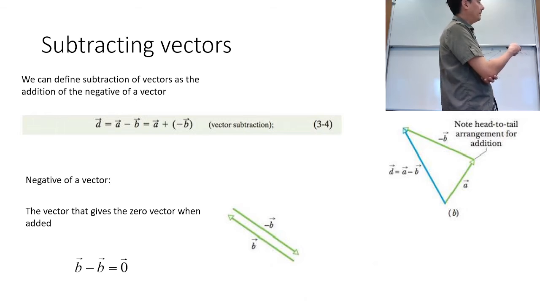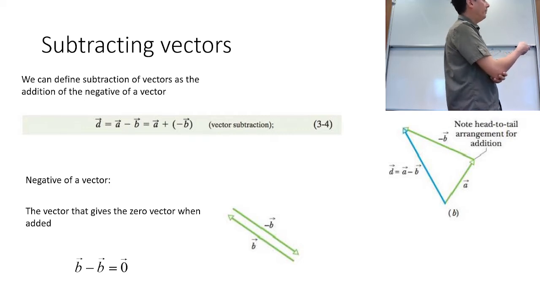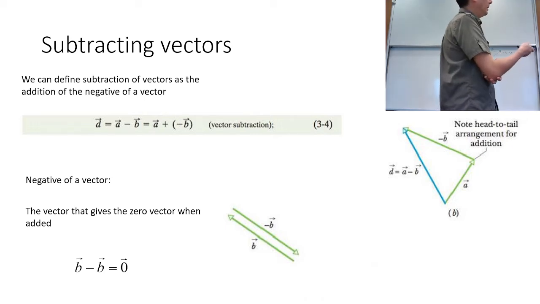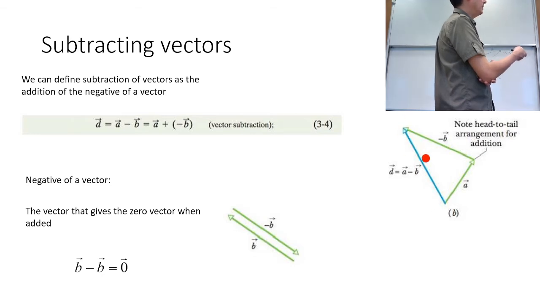So if B is pointing diagonally down to the right here, then negative B is pointing diagonally up to the left. So the addition diagram would look like this: A, and then you add the negative of B, that way. This thing is the difference A minus B.